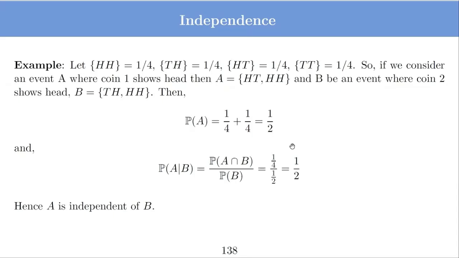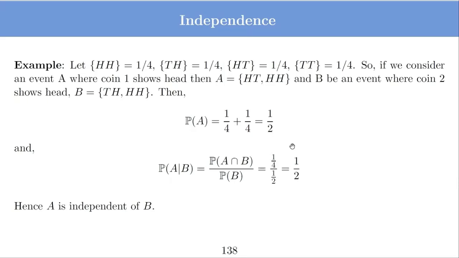Now, consider an event A where coin 1 shows heads, which is HT and HH, and B is the event where coin 2 shows heads, which is TH and HH. Then the probability of A would be equal to half. The probability of A given B, which is probability of A intersection B divided by probability of B, is also half.